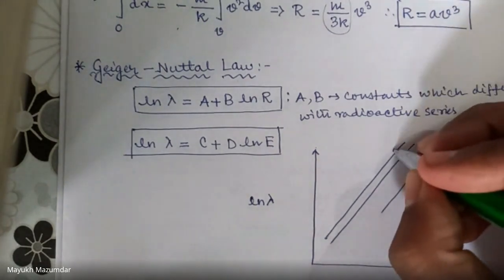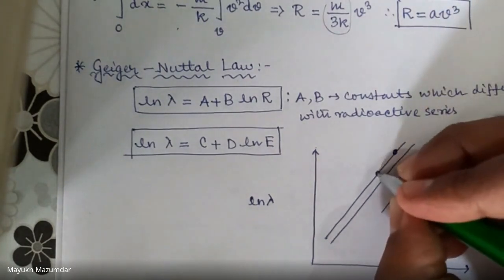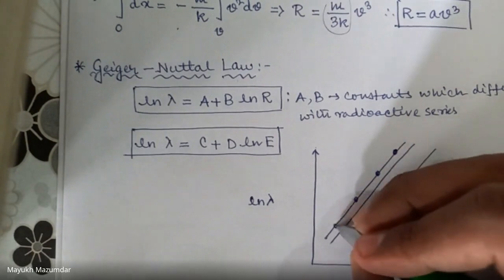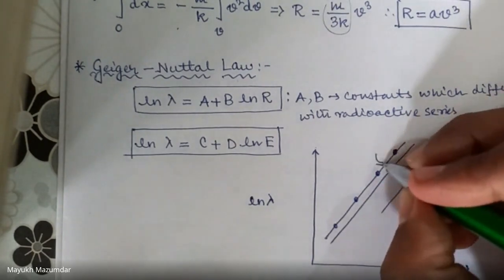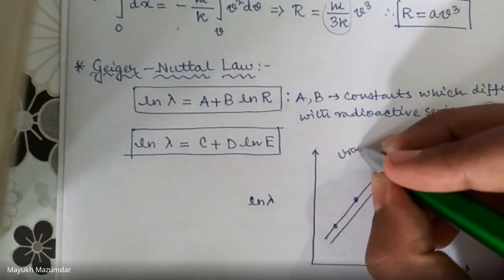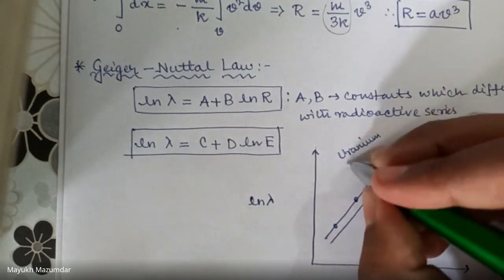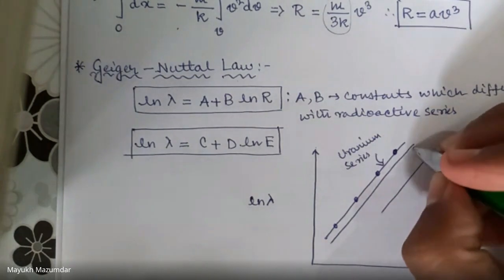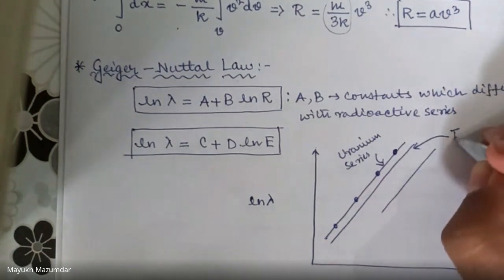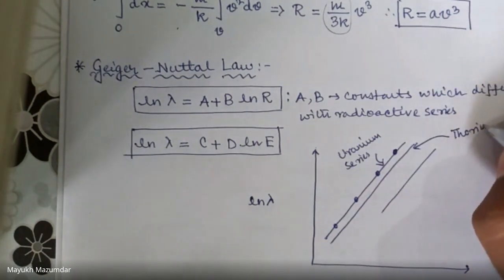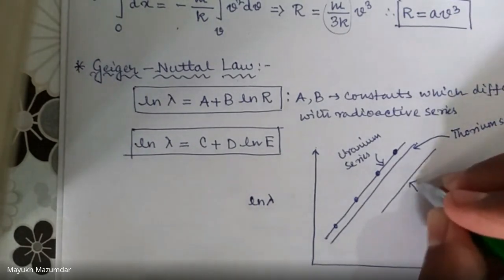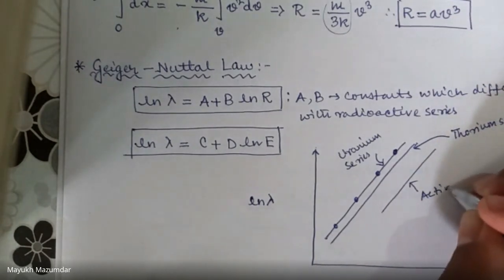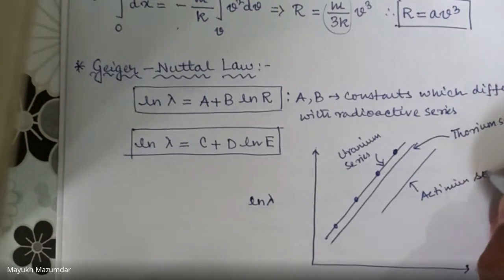So the first one would be the uranium series. Second would be the thorium series. And the actinium series. These are the three natural radioactive series.